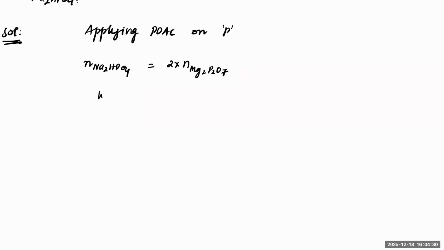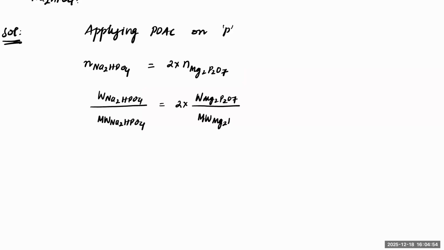So I can write it as weight of Na2HPO4 upon molecular weight of Na2HPO4 equal to 2 times weight of Mg2P2O7 upon molecular weight of Mg2P2O7.